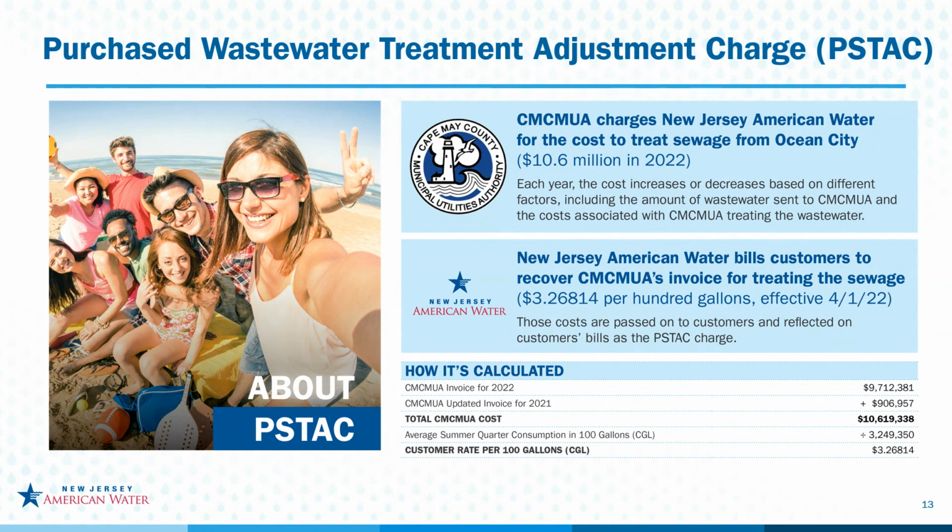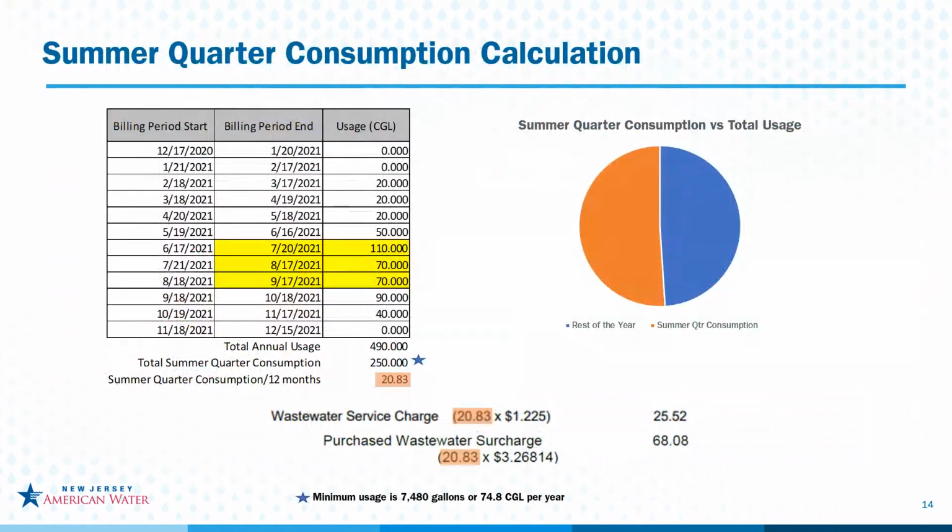So the summer quarter consumption calculation. Each January, we review every customer account and we calculate the usage for the wastewater service charge and the PSAC charge.